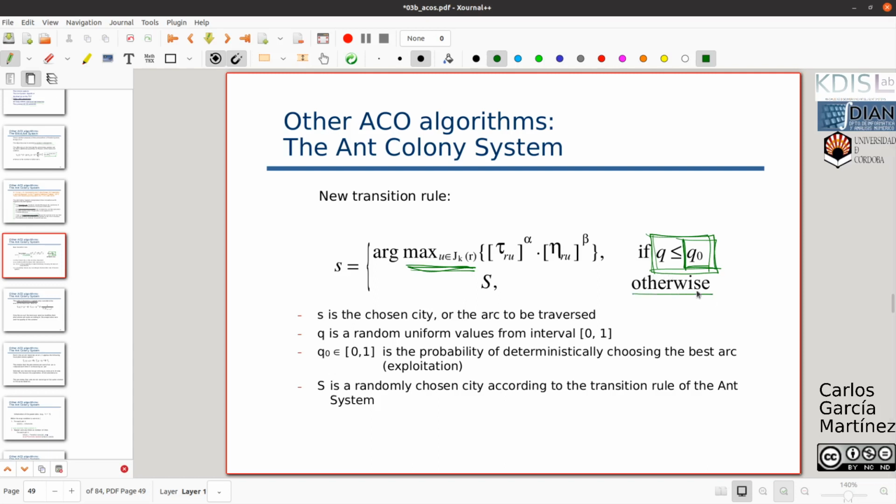Otherwise, they select exactly equal to the previous algorithm, the ant system. So in this case, they are really applying a stochastic and heuristic decision. For the rest, the algorithm in this stage is the same.